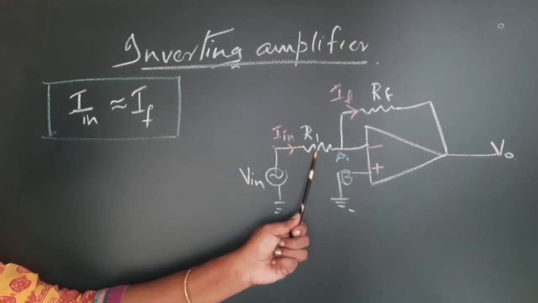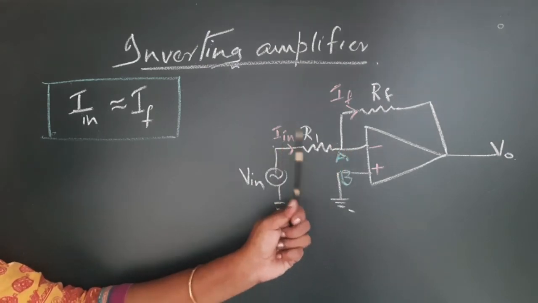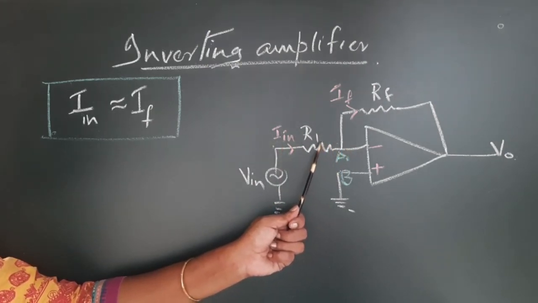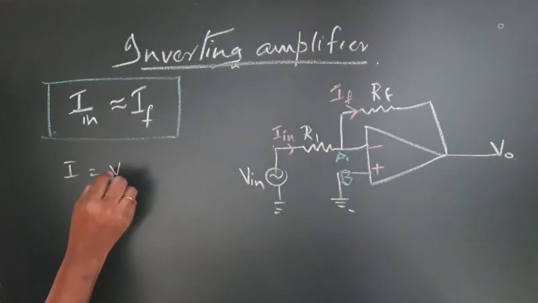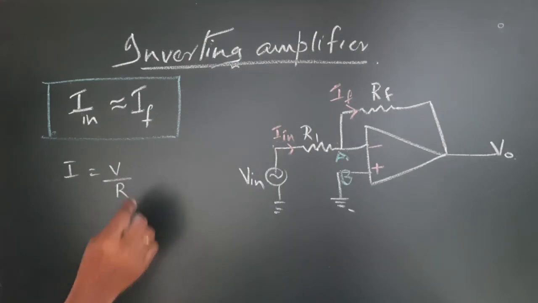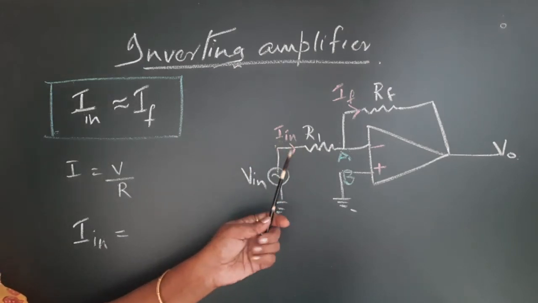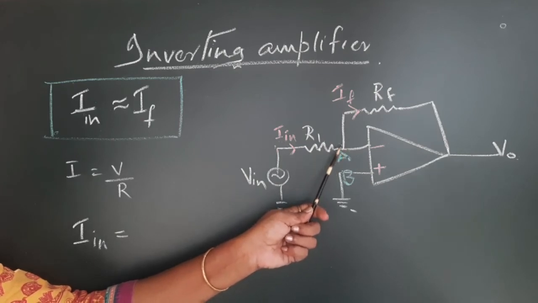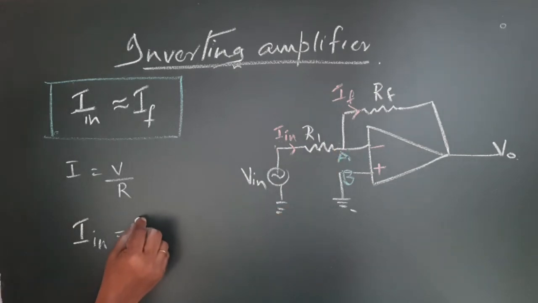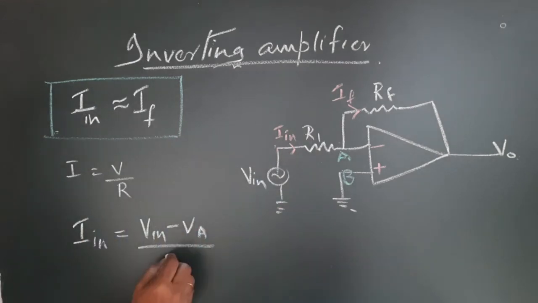Current through any resistance is equal to the difference in potential across the two ends of the resistor divided by the resistance value, because you know I is equal to V by R. So, Iin is equal to the voltage at this end, which is Vin, and the voltage at this end, I will call it VA. So, it is Vin minus VA divided by R1.